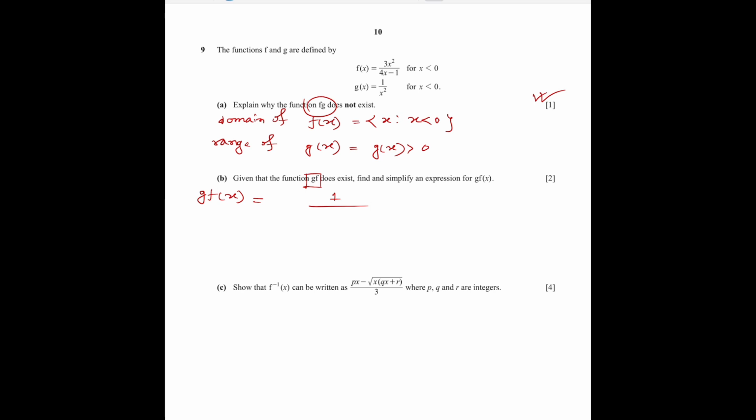So it will be 1 over 3x squared over 4x minus 1, whole squared. So 1 on 9x to the power 4 divided by (4x minus 1) squared, and finally it will be (16x squared minus 8x plus 1) divided by 9x to the power 4. So this is g of f of x.